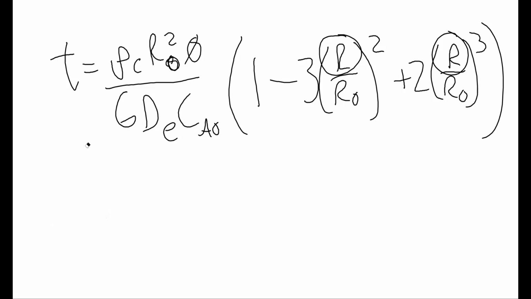As said, that means we have to solve for the radius. And since we can't solve for the radius analytically, meaning we can't just get r by itself, we have to solve for it implicitly. And that's the point of the iterative method. So in this particular case, we're going to solve for this r.